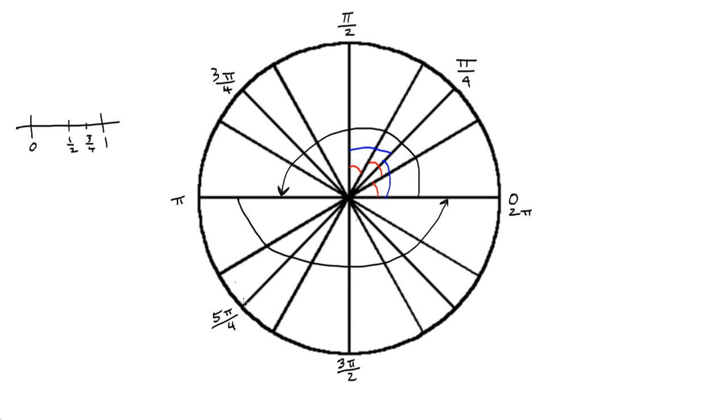So that works. So we're at 5 pi over 4, 6 pi over 4. My next one here would be 7 pi over 4. And then, not surprisingly, when we get back to our positive x-axis, we're at 8 pi over 4, which is 2 pi.